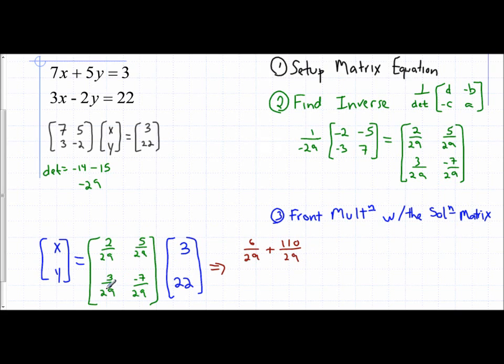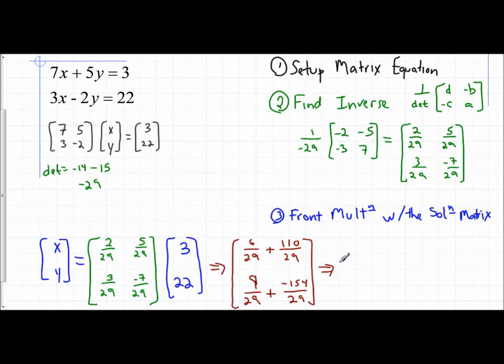I have 3 times 3, which is 9 over 29. And then I have -7 times 22, so plus negative 154 over 29. And then just perform the operation.